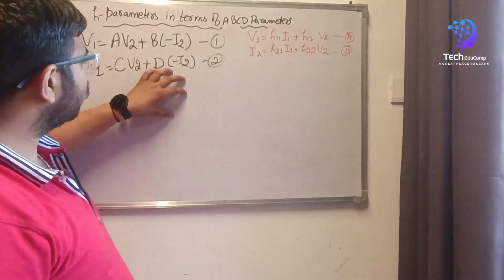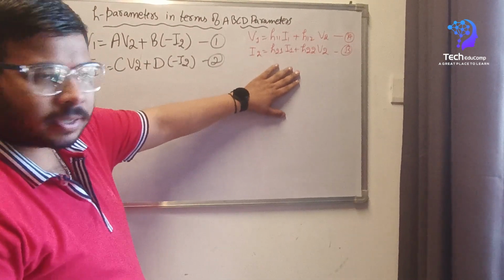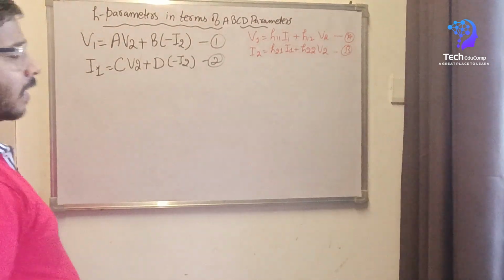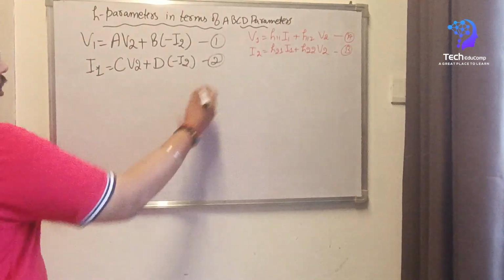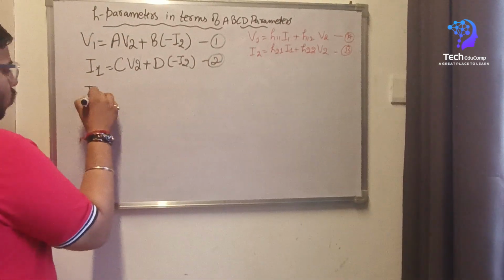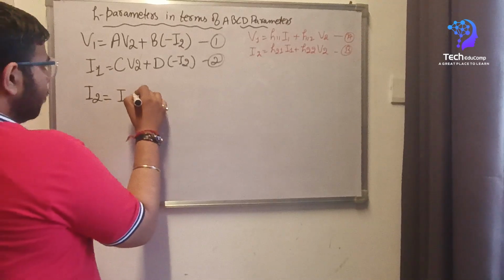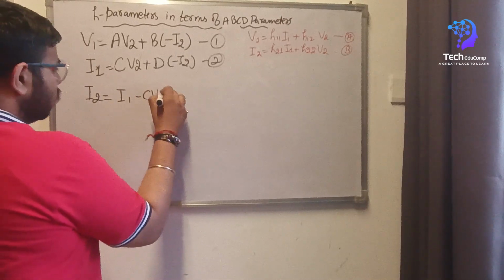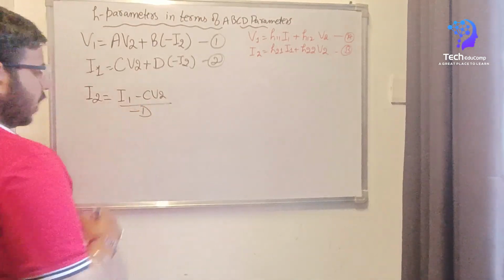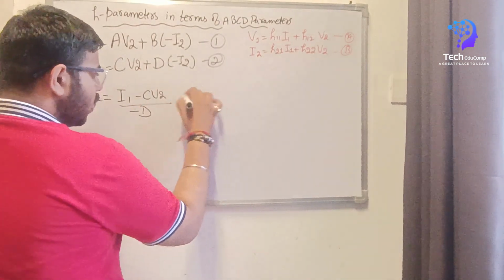So these two equations compared with this, just as we have done in the last two parts, I can rewrite equation number 2 in terms of I2, which will be I2 is equal to I1 minus CV2 upon minus D. Okay, minus D. This is equation number 3.